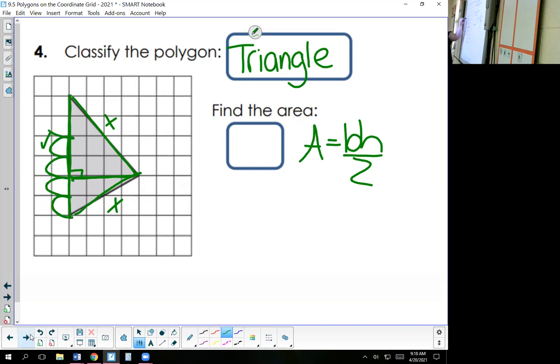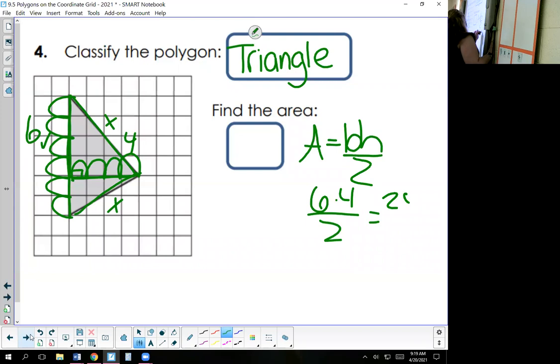Okay, so ready? 1, 2, 3, 4, 5, 6. 1, 2, 3, and 4. Don't forget all the way to the tip of the triangle. So it's not 24 because I have to cut it in half. So 6 times 4, 24 cut in half is.